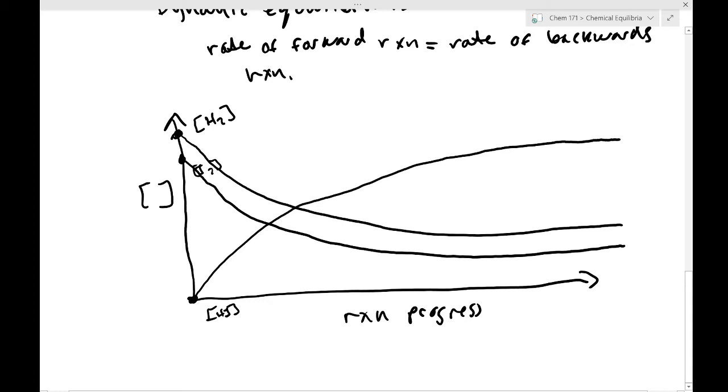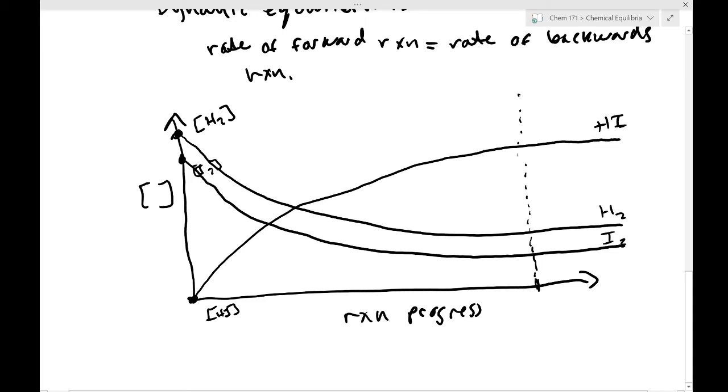Something like that. Now, there comes a point in this graph where the concentrations are not changing anymore. And this is somewhere around here, let's say. So we have HI, we have H2, and we have I2.